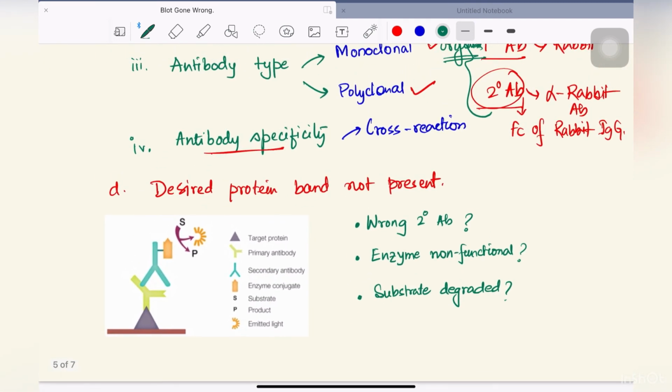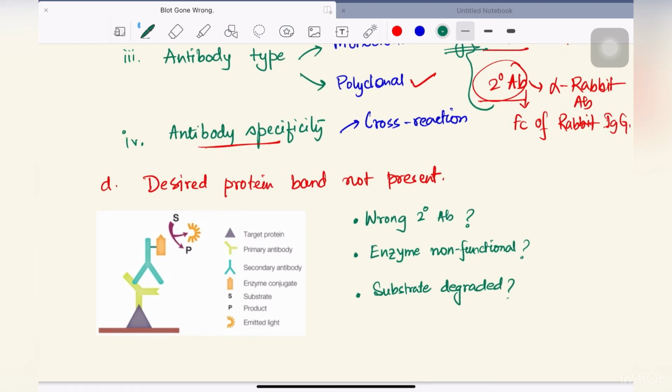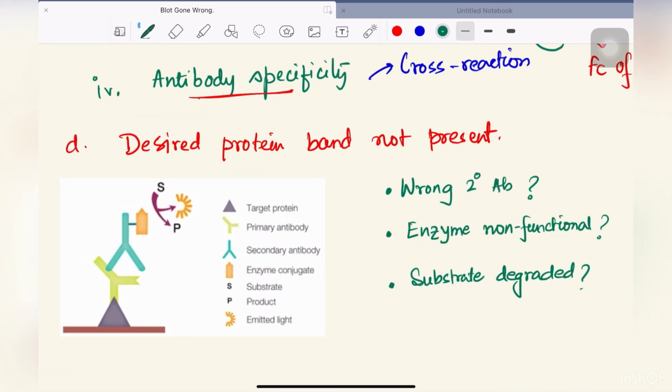Next thing that might happen is that you do not have any background, you do not have any other problem, your transfer is also proper, but you still do not see your desired protein band. So this is the process of detection shown here. You can see here that this is the antigen, the target protein.